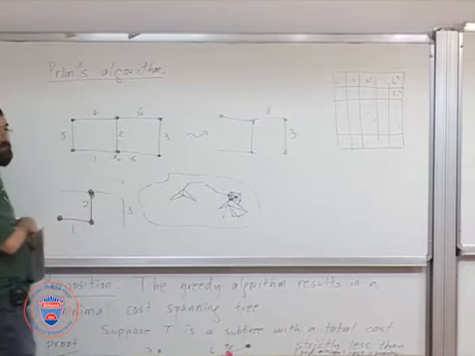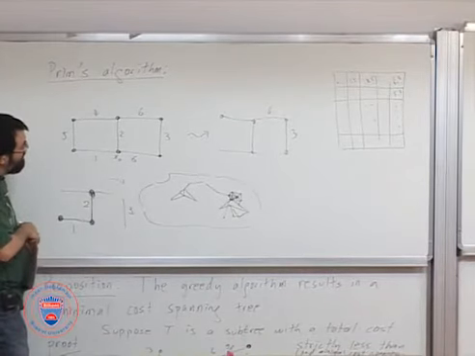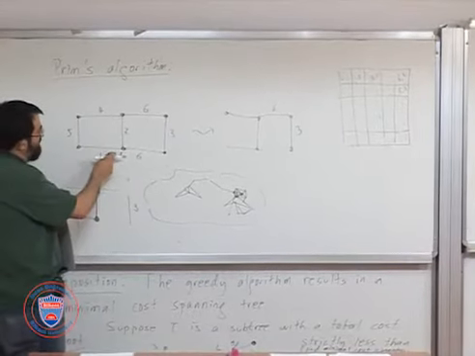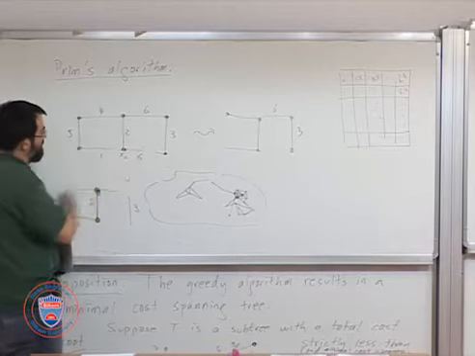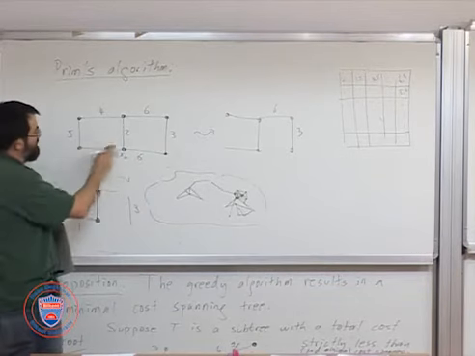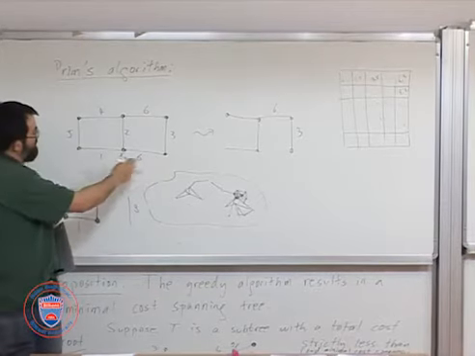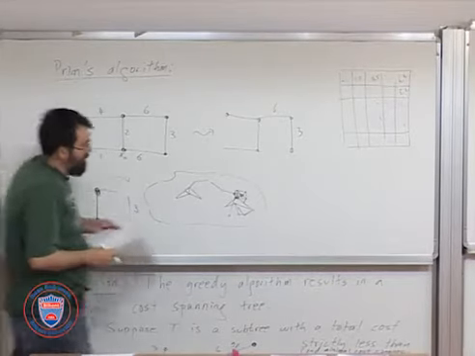You randomly choose x0, and for x0 you have three possible ways of building edges that connect it with the rest of the vertices. So it could be either this one or this one. So you have a set of other vertices that connect x0 to the rest of the graph.